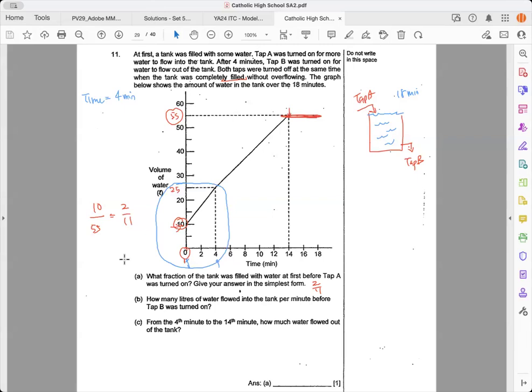It goes from 10 liters to 25 liters. So during the 4 minutes, 15 liters have flowed into the tank, all from tap A. So the rate of tap A will be volume of water divided by time, and you get 3.75. So the answer for part B is 3.75 liters per minute.